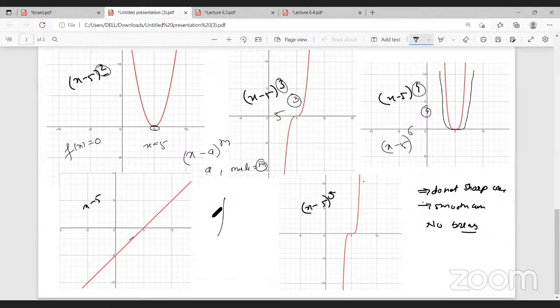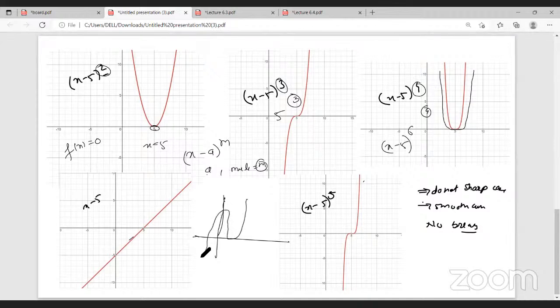So if I am given one graph, say like this, touching here, I can say what the minimum degree is. The graph is touching like this here, and here it is odd.